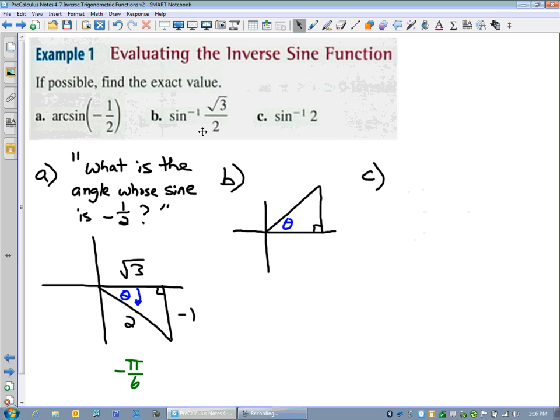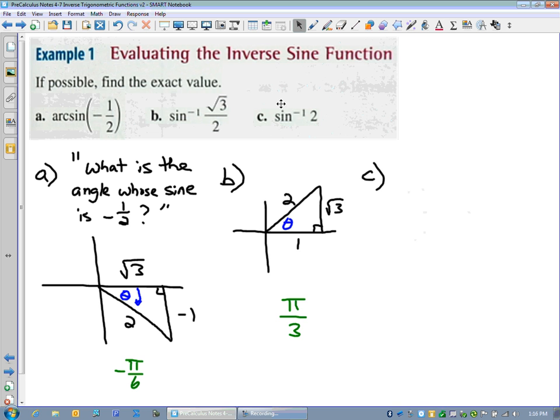And then I want opposite over hypotenuse to be √3/2. So hopefully you recognize the 1, 2, √3 triangle, which is 30, 60, 90. This time theta is opposite the square root of 3, which makes it the 60-degree angle. And in radians, 60 degrees is π/3. That is the angle whose sine is √3/2.